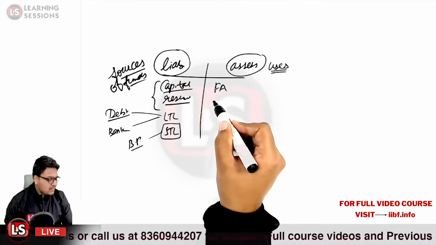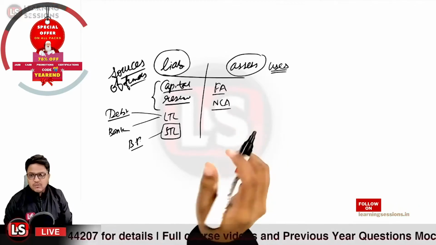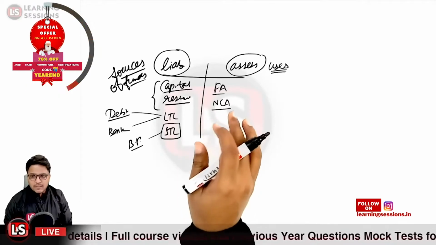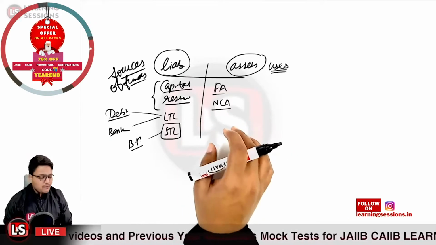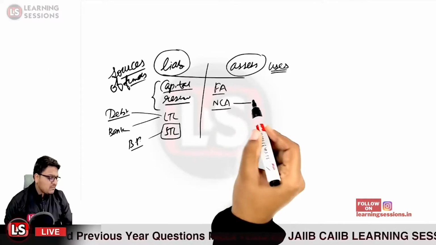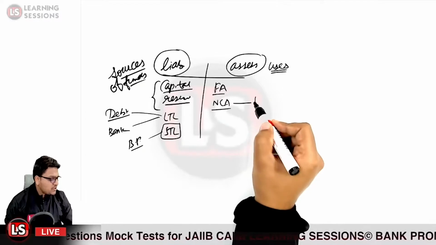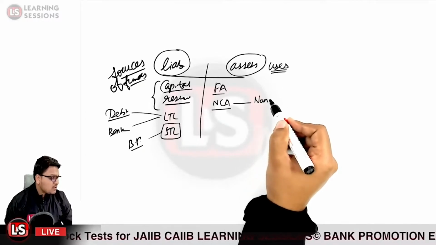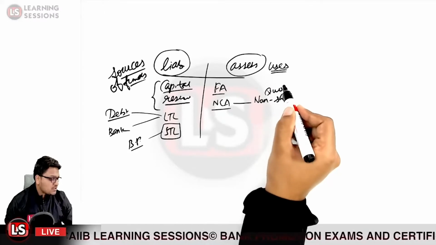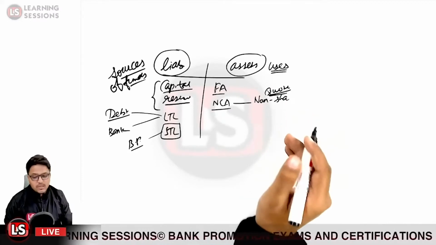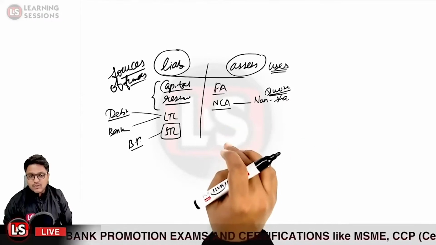And further, the other category is non-current assets. Non-current assets are those assets which are not fixed assets, and also not current assets. Like if we have invested money into non-quoted shares, the shares which are not quoted in the stock exchange, or shares which are not liquidable in the coming 12 months, those are not fixed assets, and also not current assets.